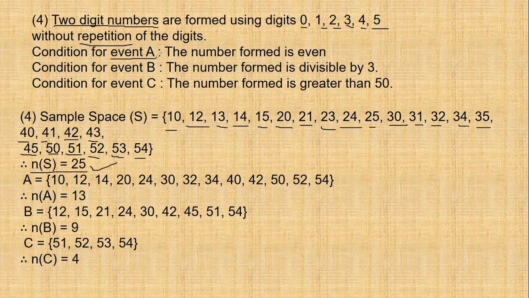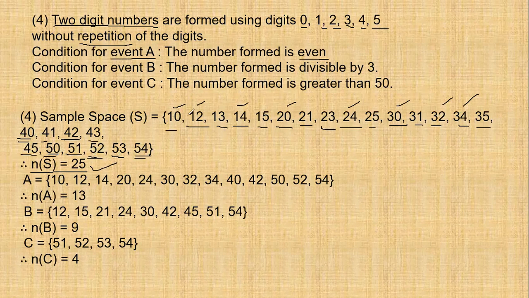Now event A, the number formed is an even number. So now write down all the even numbers. So 10, 12, 14, 20, 24, 30, 32, 34, 40, 42, 50, 52 and 54.